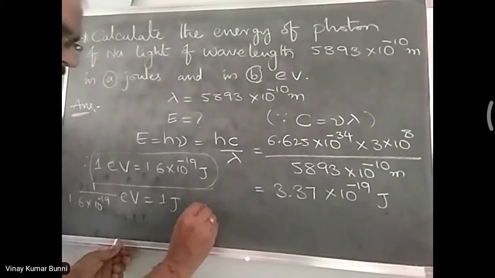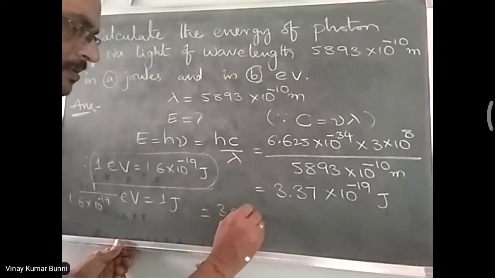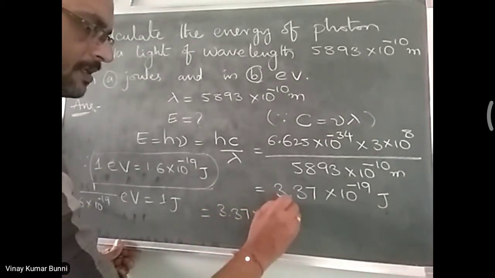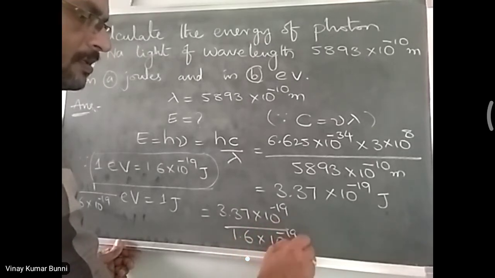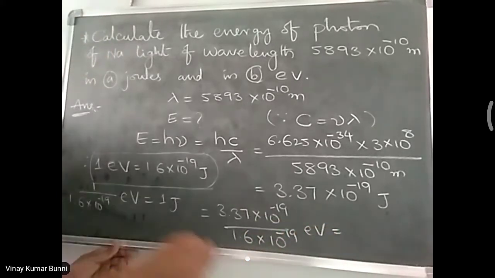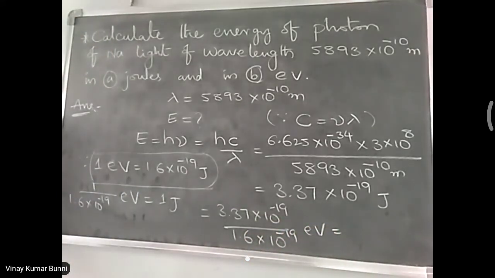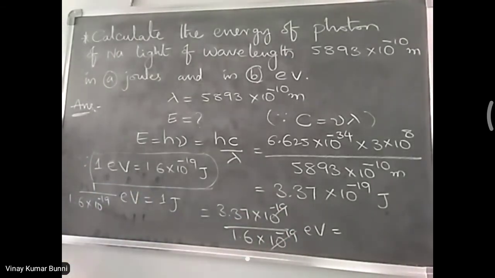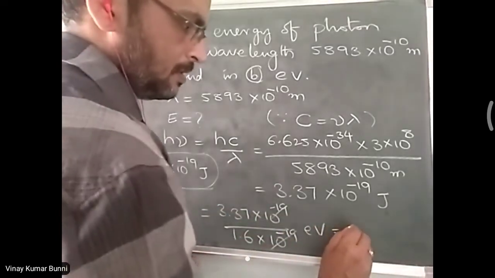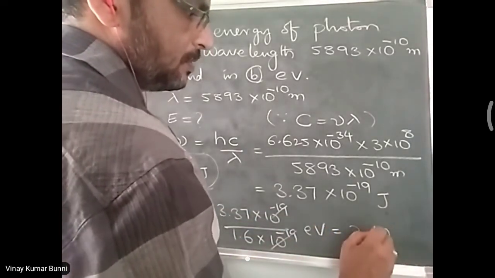That will be 3.37 into 10 power minus 19 by 1.6 into 10 power minus 19 electron volts. So you will get the electron volt value, that is nothing but 2.10 electron volts.